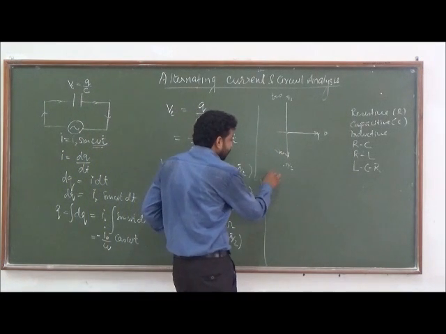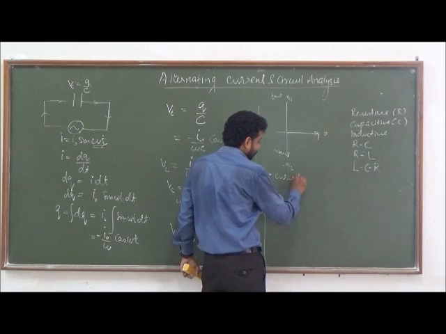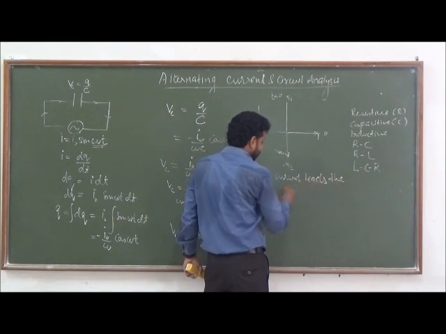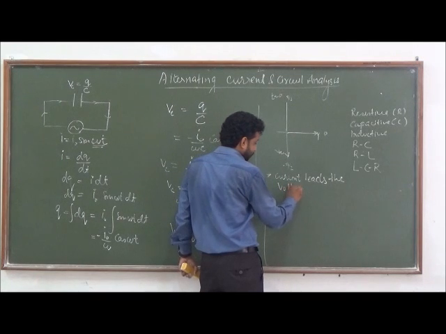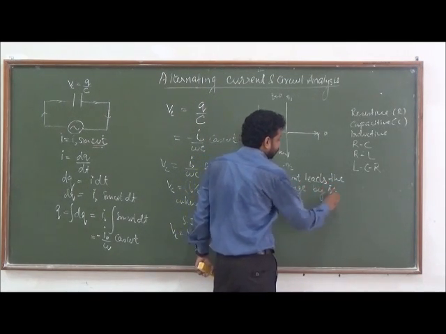So we can make a statement here that current leads the voltage by pi by 2.